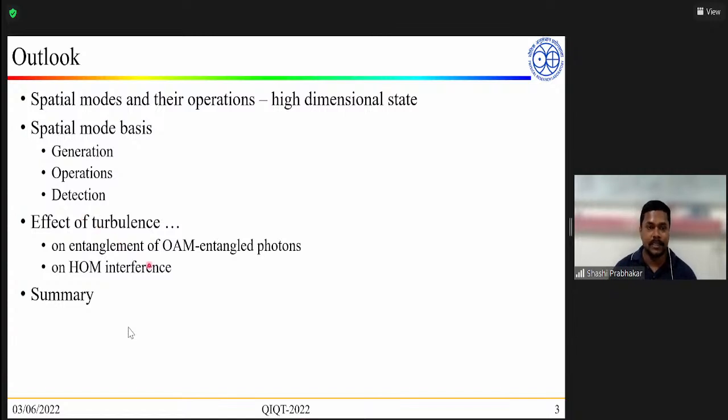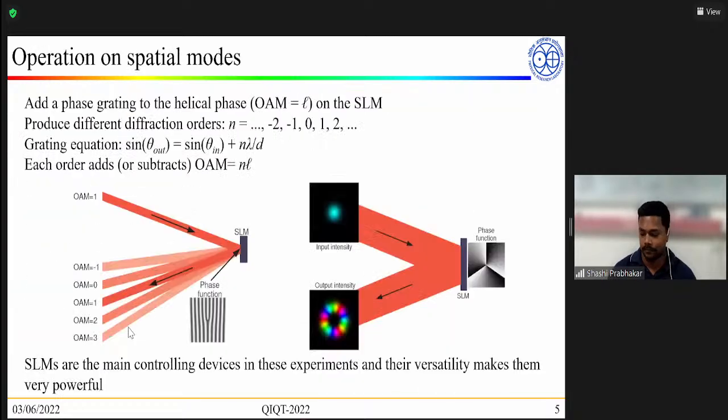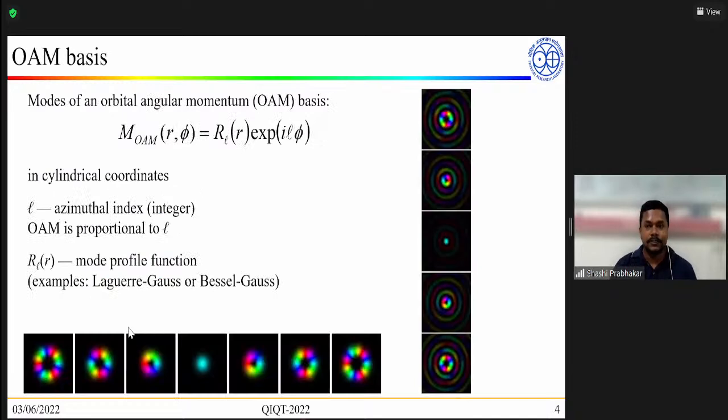So this will be the outline of my talk. First, coming to the bases, I am mostly interested in the orbital angular momentum basis, where the whole field can be represented with an intensity modulating part and a phase part.